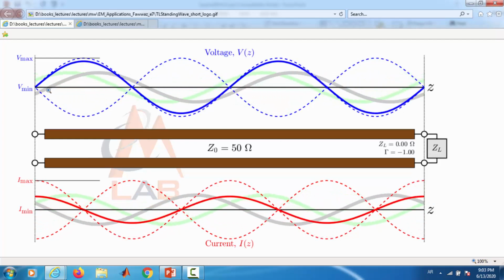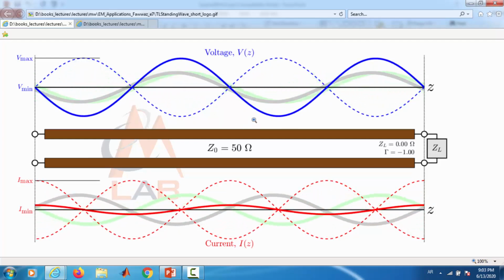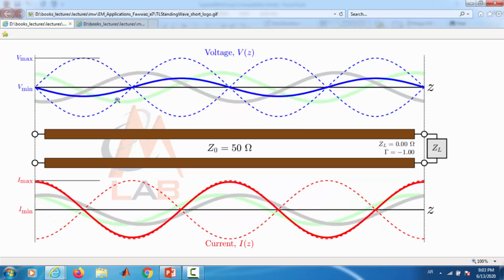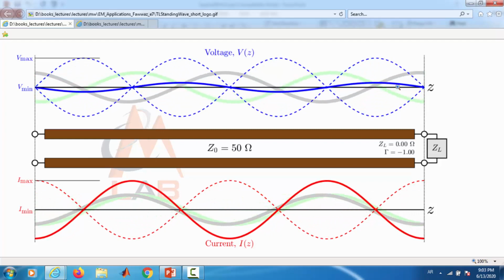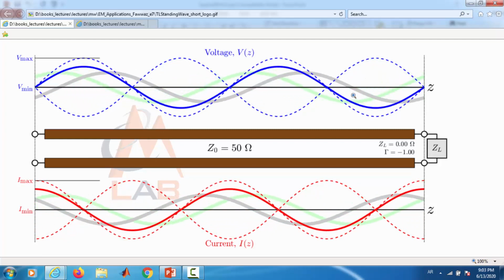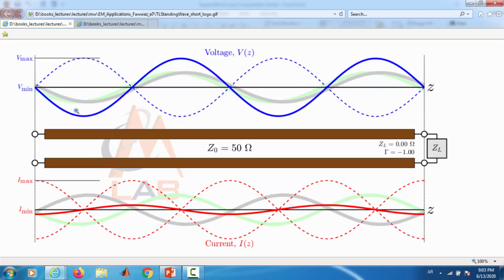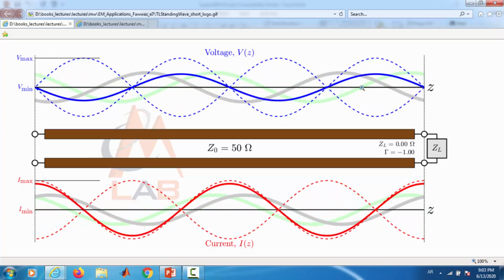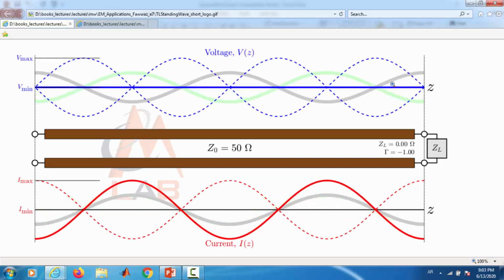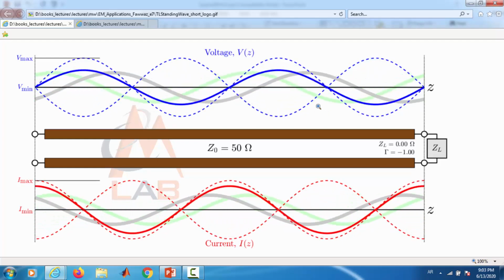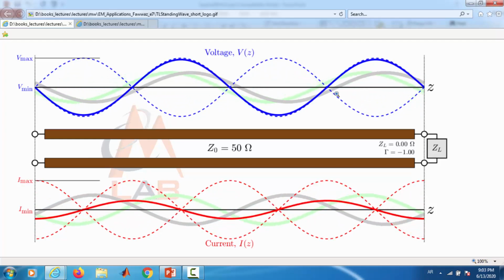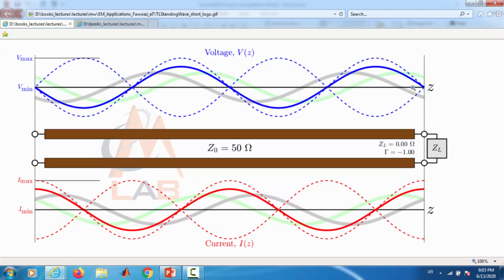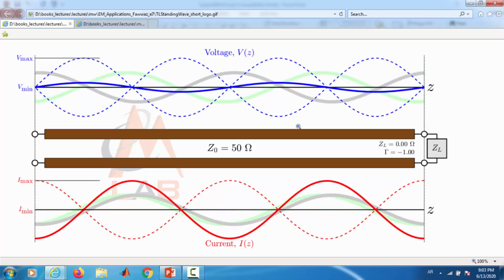The green wave represents the traveled one, the gray one represents the reflected, and the blue one represents the superimposition between them. If we focus on the wave in blue, we could see the wave is stationary, so it is standing. There is no transferring in this wave. It looks confined between this point and this point, and just moves up and down.